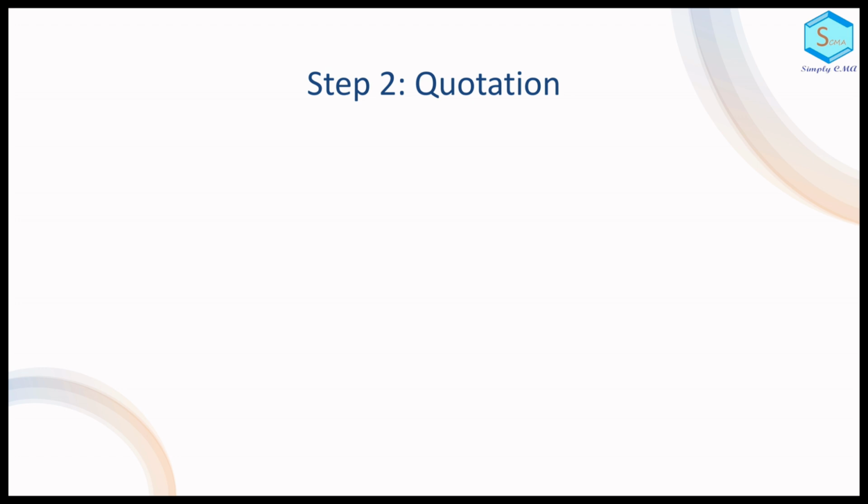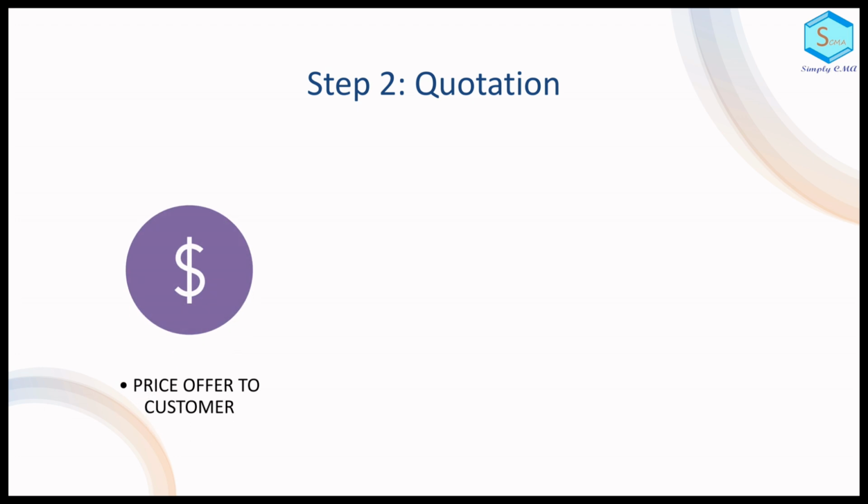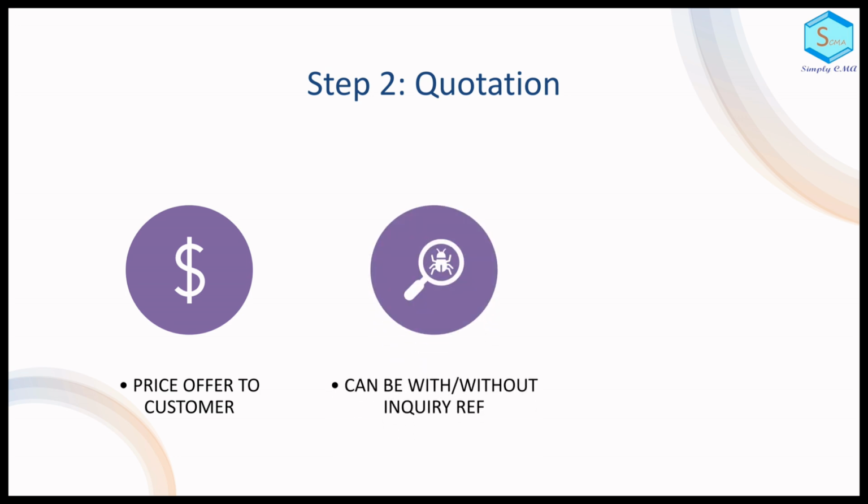The next step is quotation. Once the inquiry is made, a quotation is generated. This is a formal offer to the customer mentioning the price, terms, and validity. A quotation may or may not reference the initial inquiry.